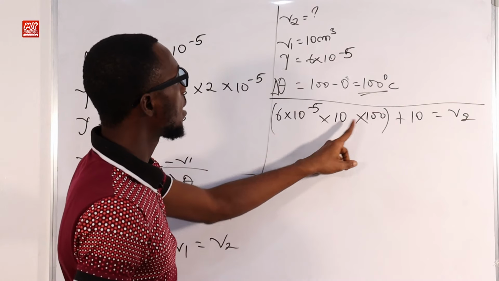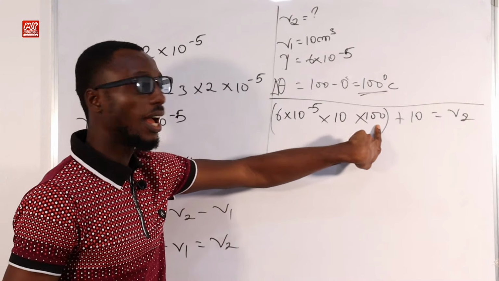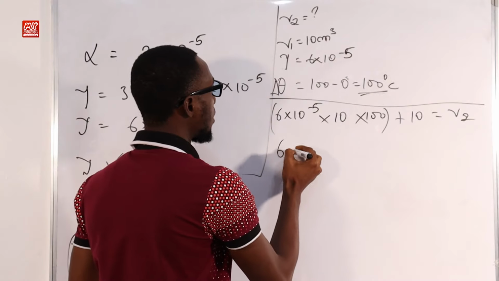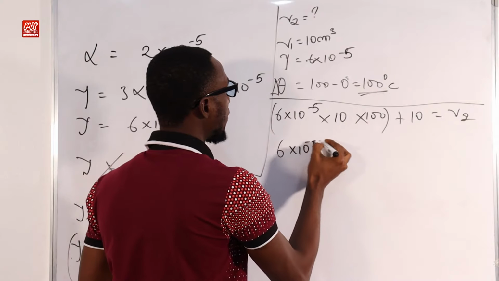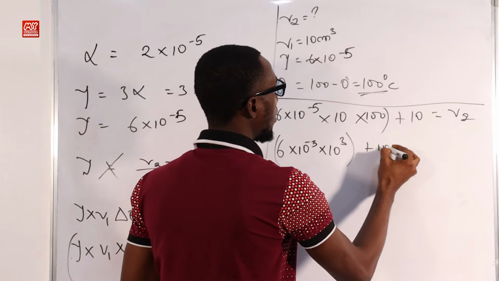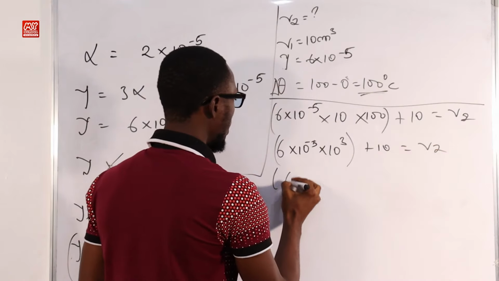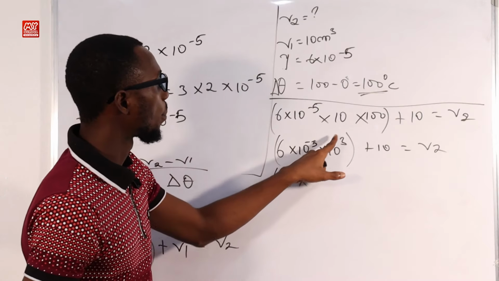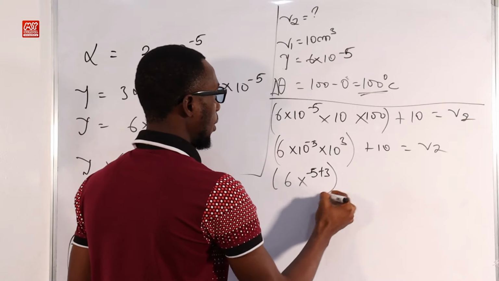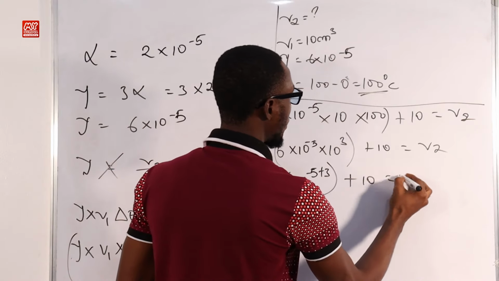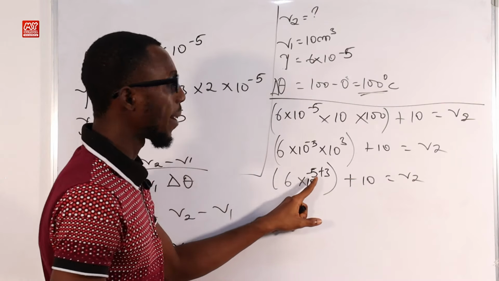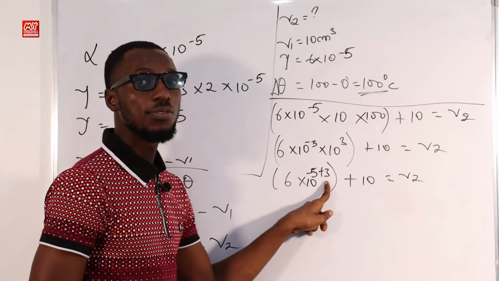So we have 10 times 100, that is 1,000, which is 10 raised to the power 3. So we have 6 times 10 raised to the power minus 5 times 10 raised to the power 3, plus 10 equals V2. Minus 5 plus 3 gives you minus 2.